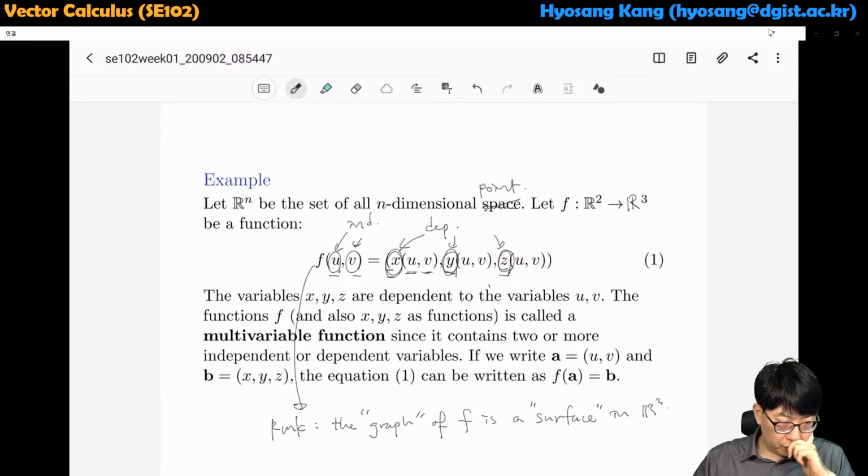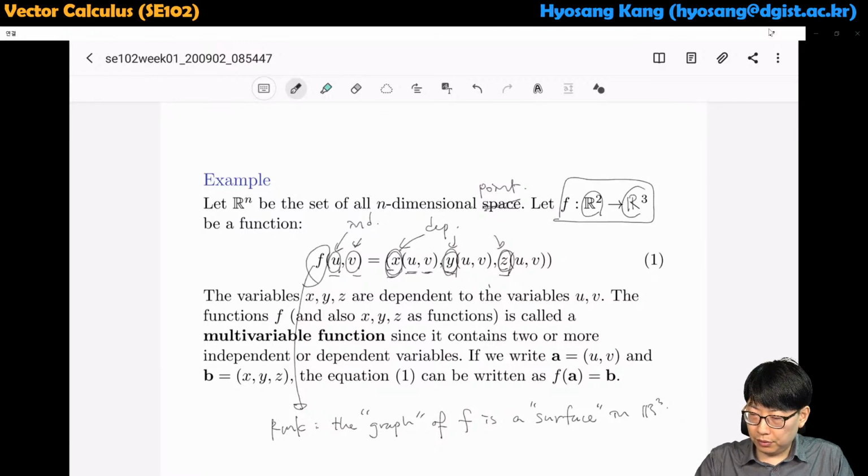Now, the title of our textbook is vector calculus, but the title of the lecture is multivariable calculus. So what's the difference? It's actually the same. If you take your point as a vector, then you can consider this function as a function sending vector to vector, right? This function is a function from space to space, but you can also define a function from vector space to vector space.